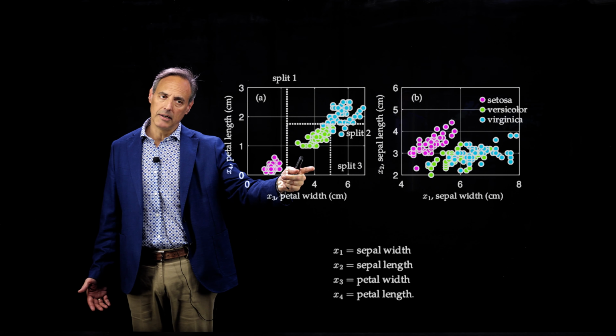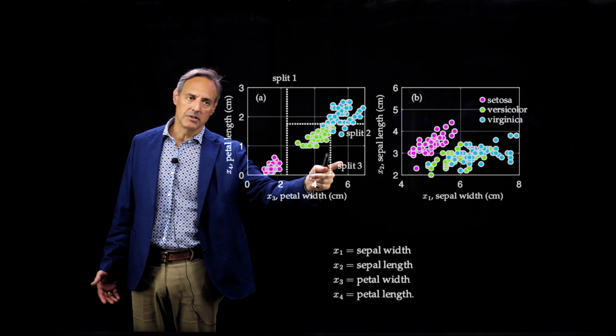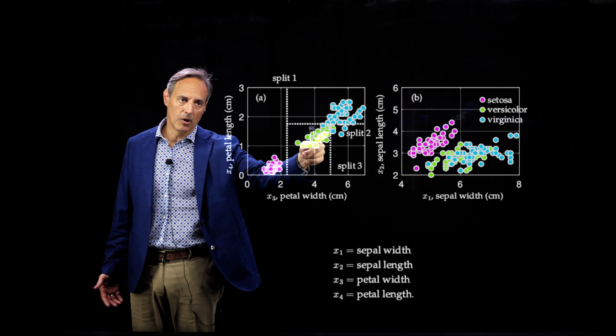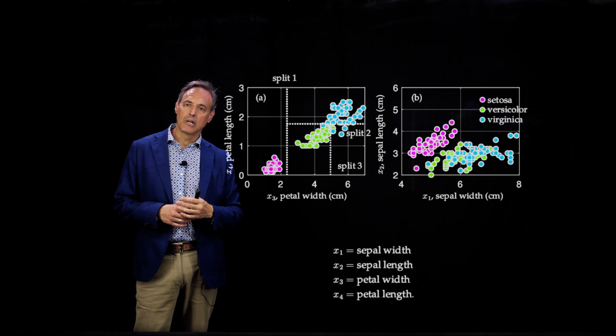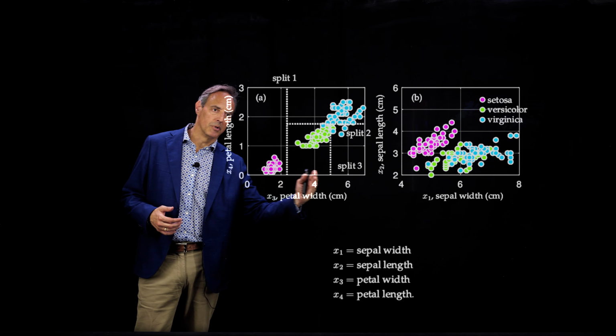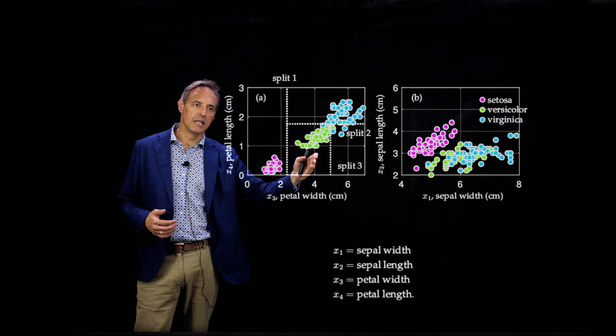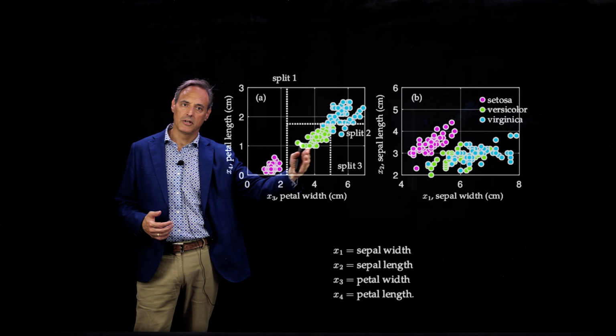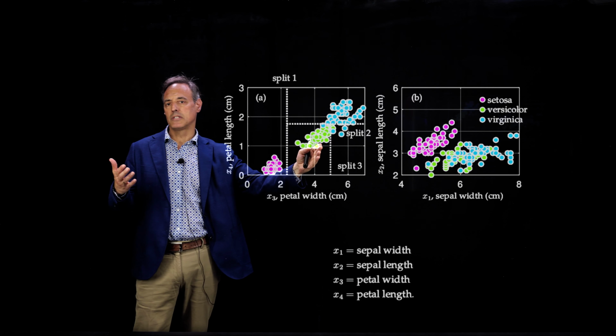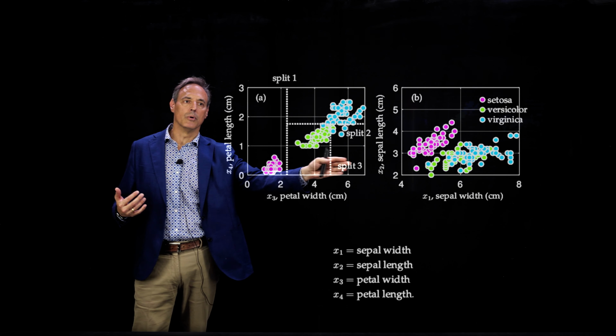Now below the line, I have 2 regions, the blue and green balls down here. Again it looks to split along this direction. Should I split this way or should I split some more? It says, look, split number 3 is the best separation line, where everything here is green and blue is on that side.